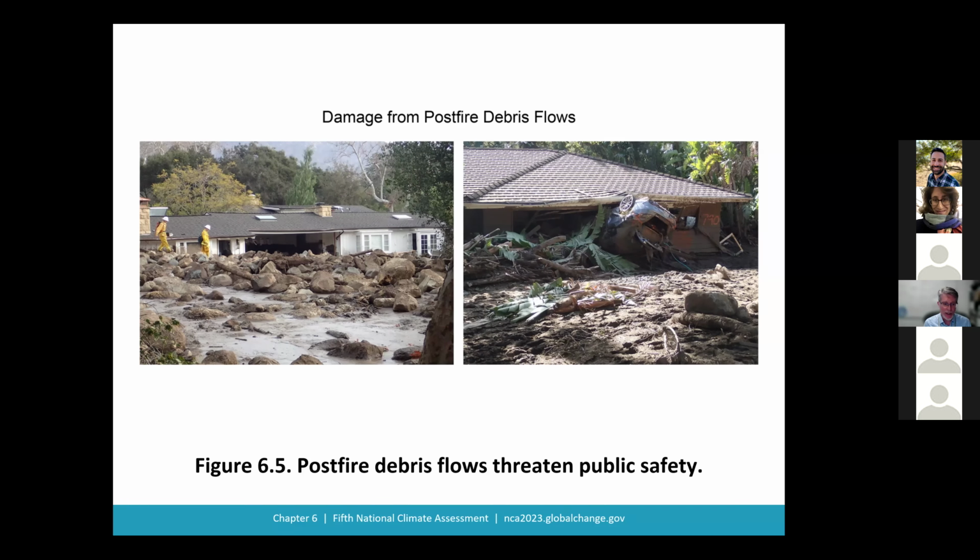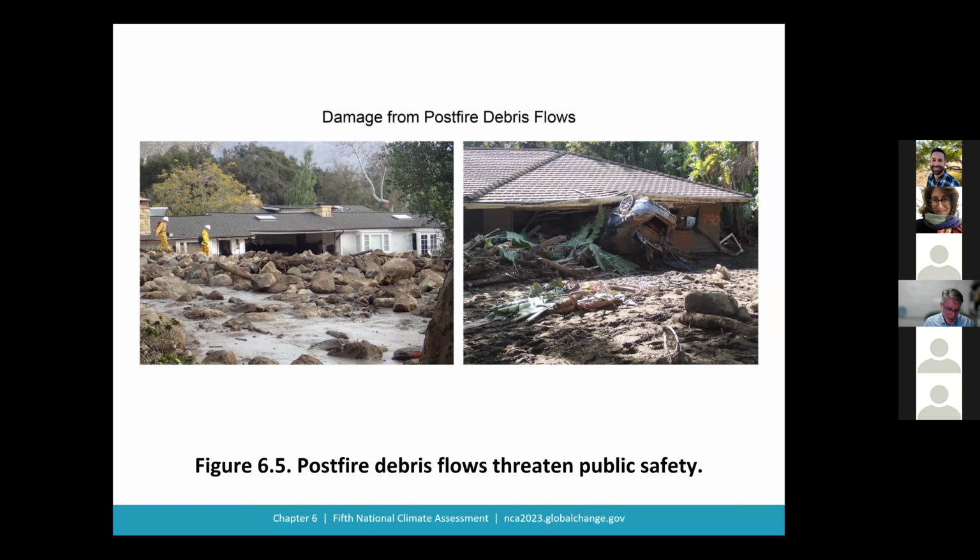So a very large and damaging fire followed by extreme precipitation in this region led to debris flows, which caused a considerable amount of damage and destruction.